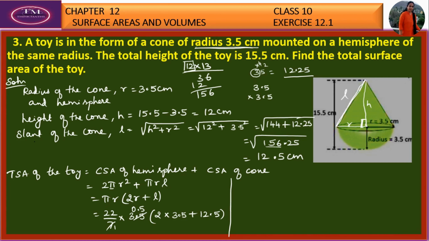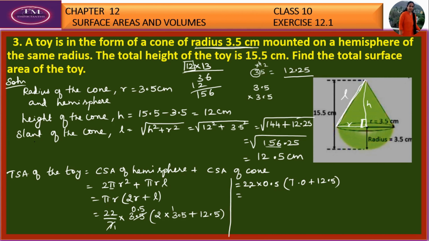Now we have 22 into 0.5, and in the bracket what is 2 into 3.5? 2 5s are 10, and balance 1, 2 3s are 6, 6 plus 1, 7. So it is 7.0 plus 12.5.